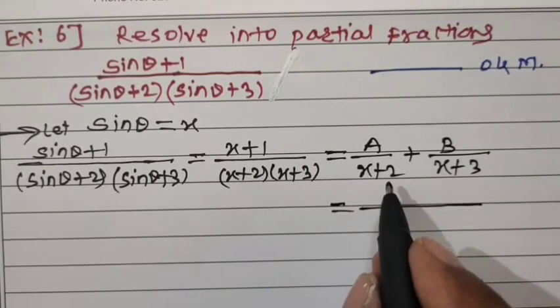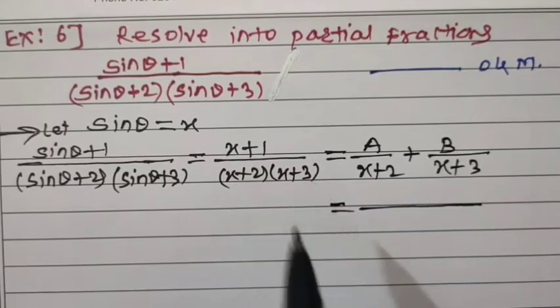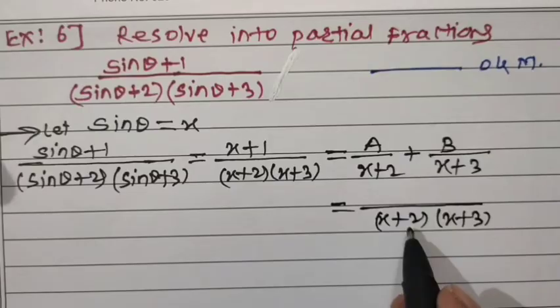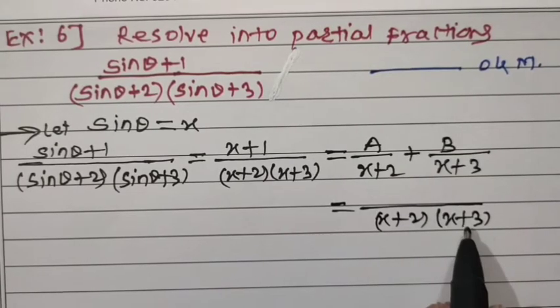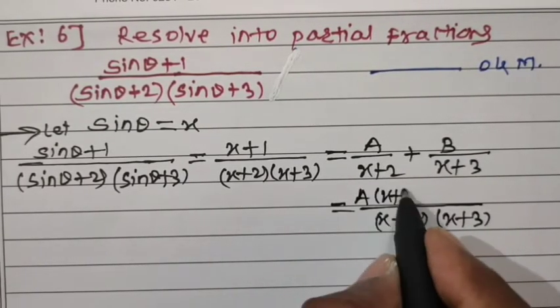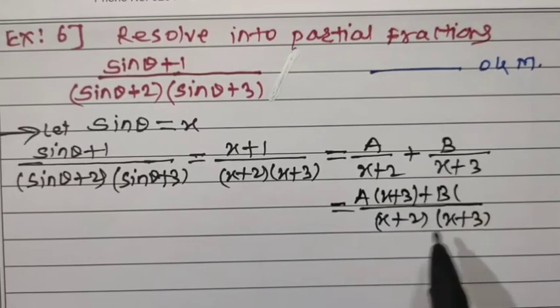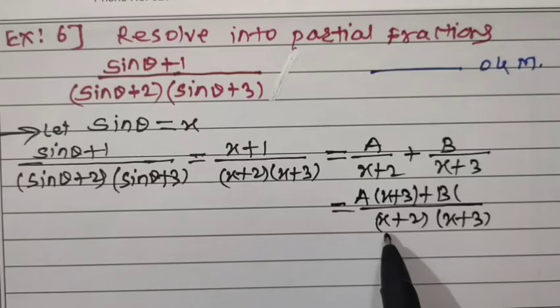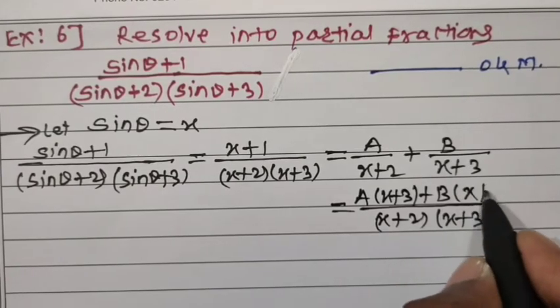That is nothing but LCM of right hand side, x plus 2 into x plus 3. So x plus 2 gets cancelled with this x plus 2, remains x plus 3. A into x plus 3 plus b into x plus 3 gets cancelled with this x plus 3, remains x plus 2. So b into x plus 2.